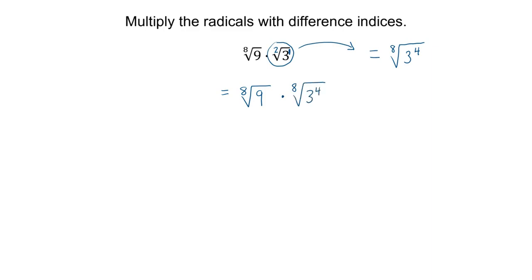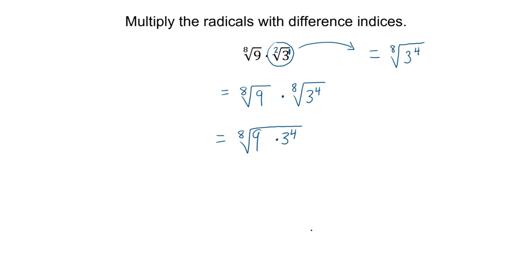Now we can multiply. That gives us the 8th root of 9 times 3 to the fourth. 9 times 3 to the fourth is going to be a pretty big number that I'm going to have to try to manipulate so that I can make sure that it's fully simplified and find an 8th root hidden in that number, and that might become a little cumbersome. So I'm going to help myself out here, and this is a trick you need to put in your back pocket.